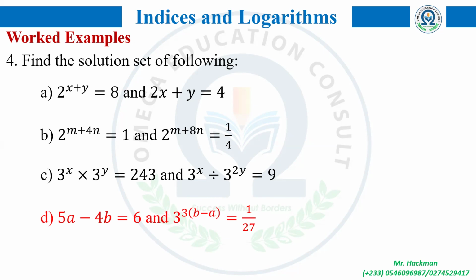But as you can see before you, in the 4 equations that you are asked to find the solution set, in each pair you see 2 unknowns. The first one, you see x and y. The second one, which is the b, you see m and n. The c, you see x and y again. Then the d, you see a and b.